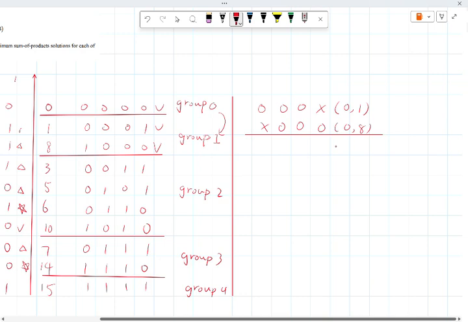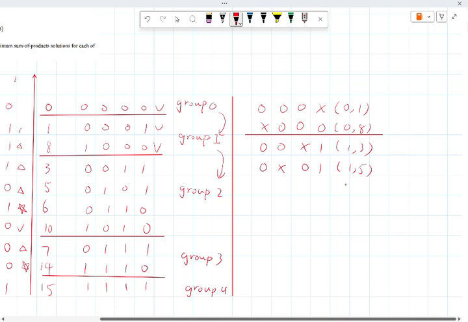So we're going to do the next group, which is 1 to 2. 1 to 3: 0, 0, x, 1. This is 1 and 3. 1 and 5: 0, x, 0, 1. This is 1 and 5.